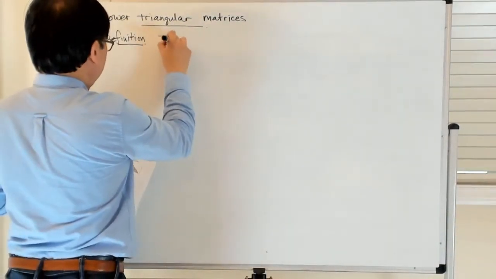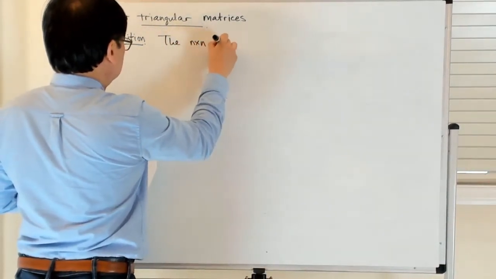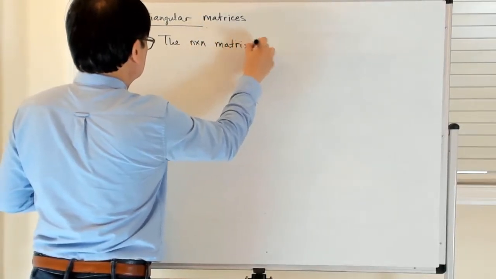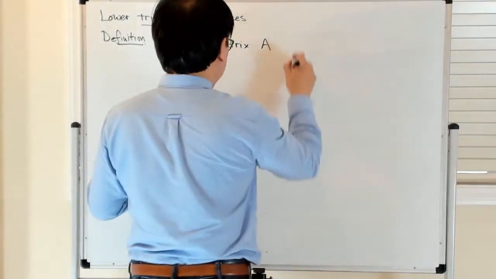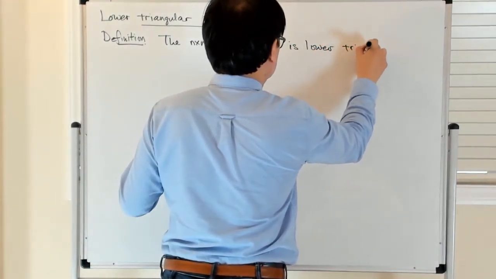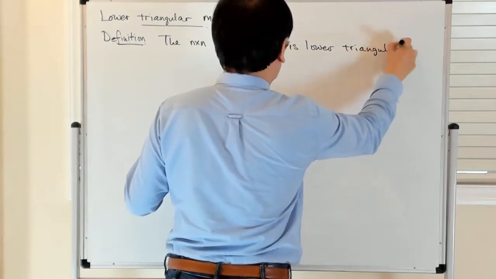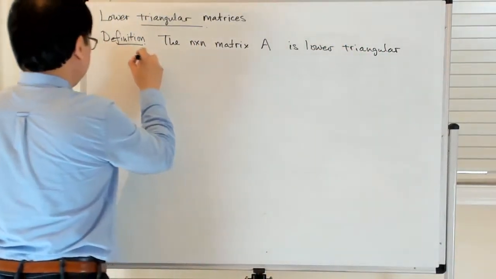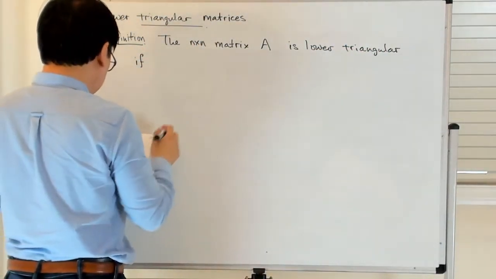The n by n matrix A is lower triangular if it can be written as follows.